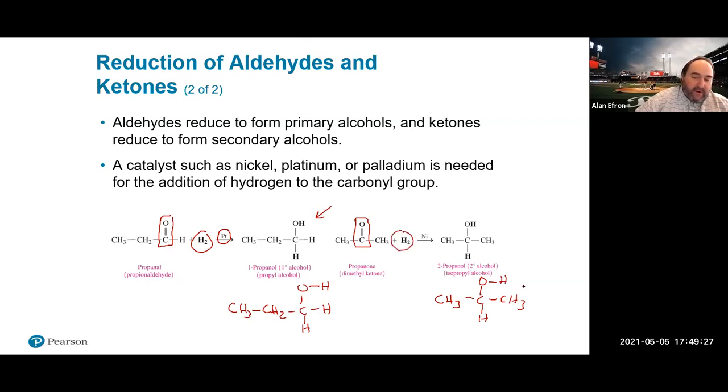And now we have our secondary alcohol, right? So we got our primary alcohol back this way and our secondary alcohol back that way. So again, the reduction, if you want to think about it, is like the reverse reaction to our oxidation reaction. Any questions on that?